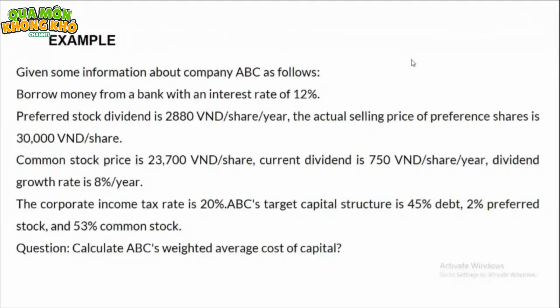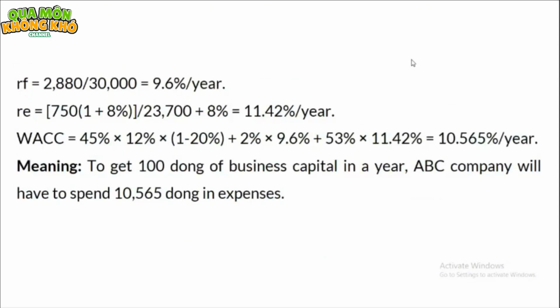The preferred stock dividend is 2,880 Vietnam đồng per share per year, and the price of the preferred share is 30,000 Vietnam đồng. So as you can see, the cost of preferred share is equal to 2,880 divided by 30,000, and we will have 9.6% a year.